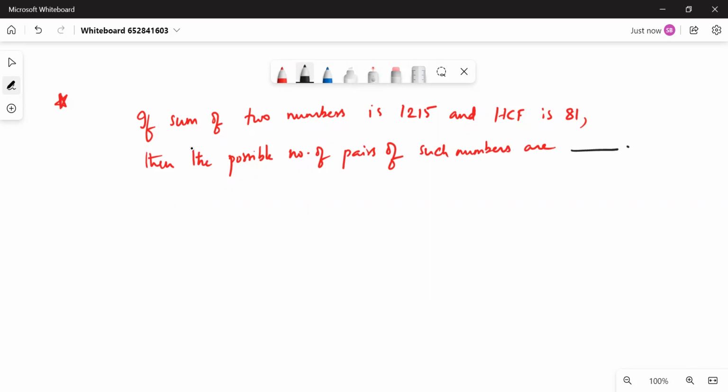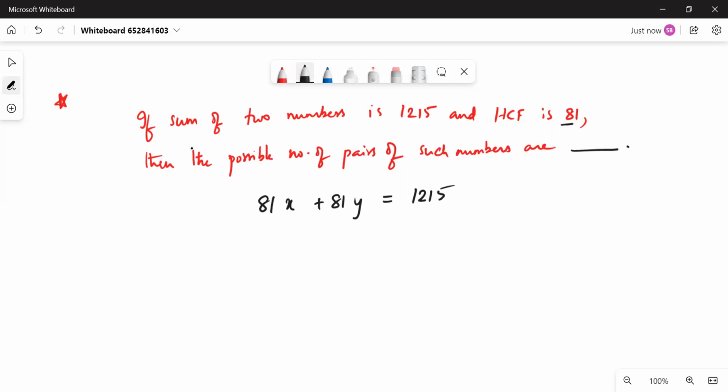They are telling that the HCF is 81, correct? That means HCF is a common factor of both those numbers. Now I will assume 81 into x is one number and 81 into y is the other number. So the sum of these two numbers will be equal to 1215.